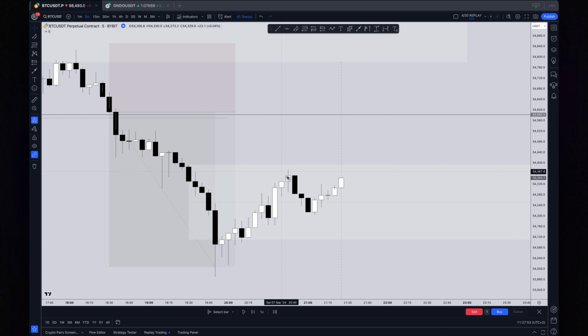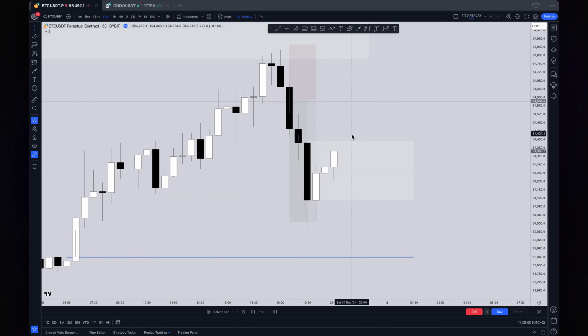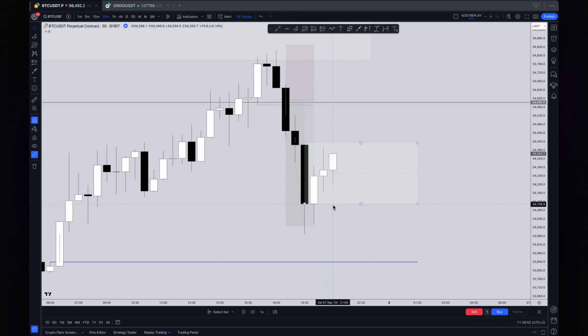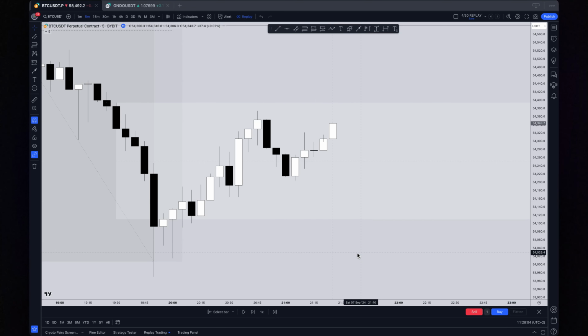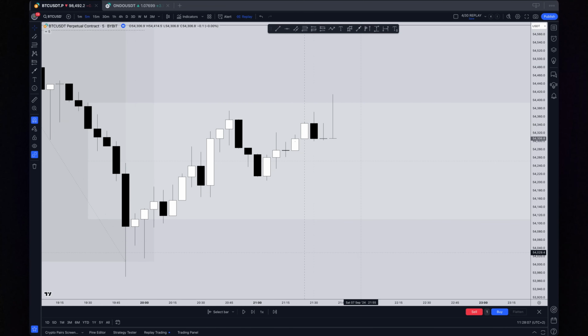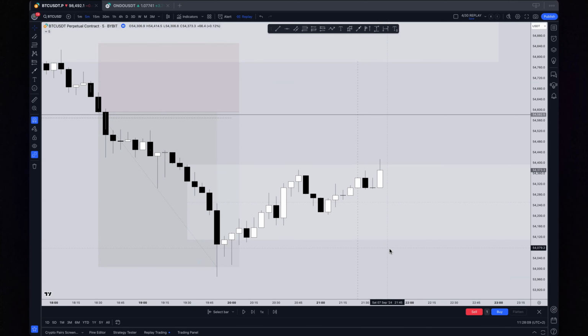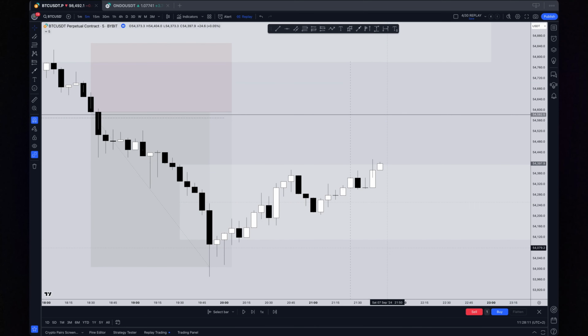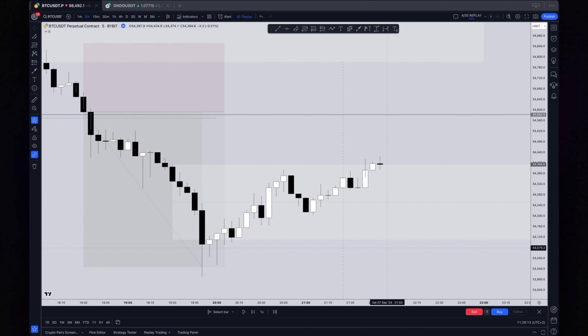I want to see something of this, ideally at the top. Let's see what the 30 does. Okay. Sweep at the top, swing formed, sweep again.